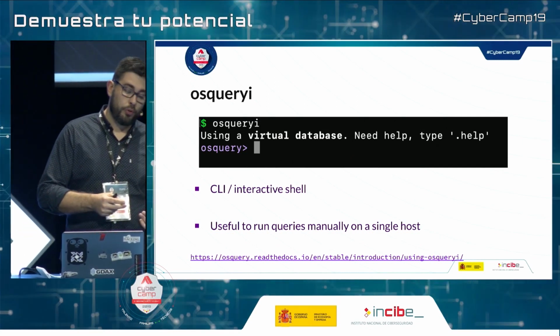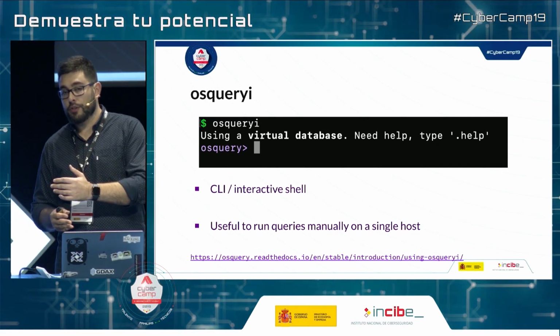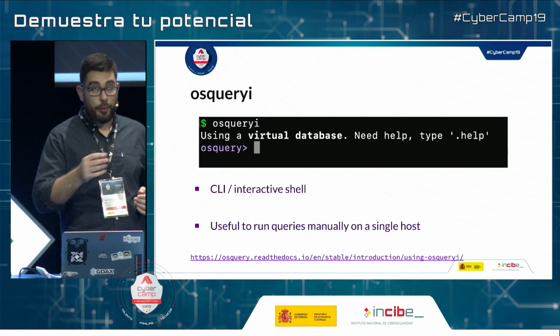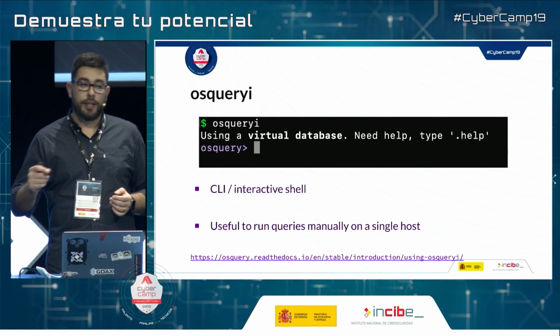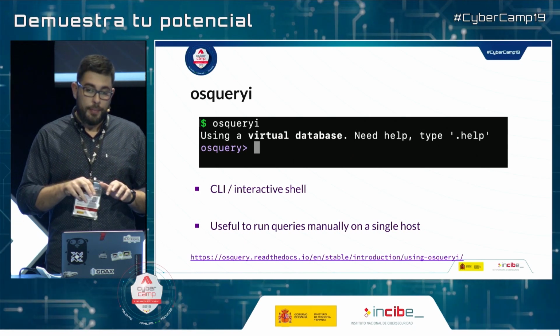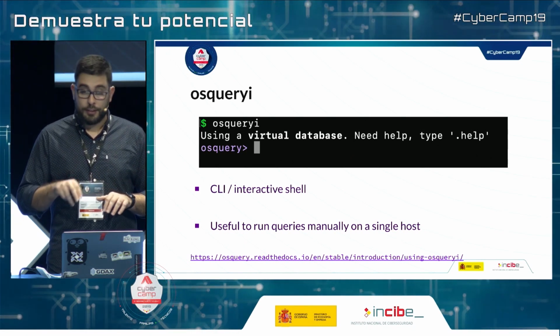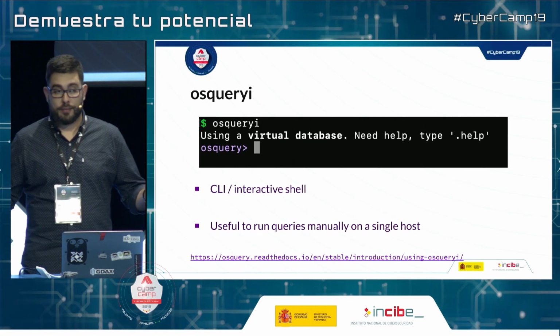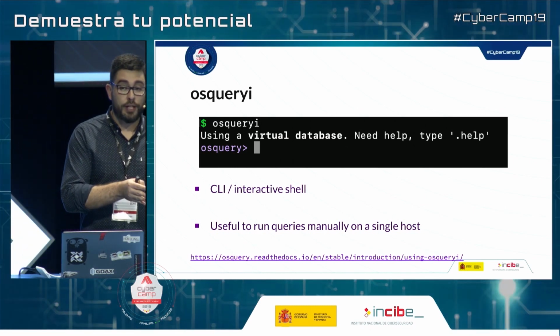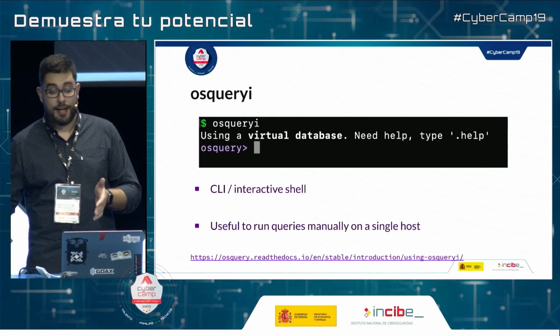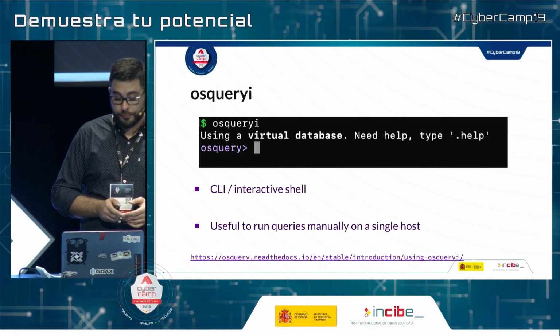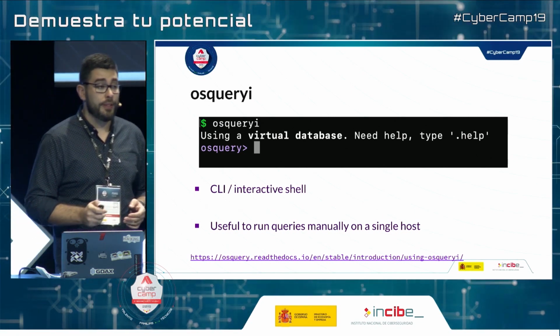For example, if you need to know which users or which processes are using UID 0, you would just try to extract that query within this system, and then you would be able to see which query you need to execute and what outcome that query is going to give.